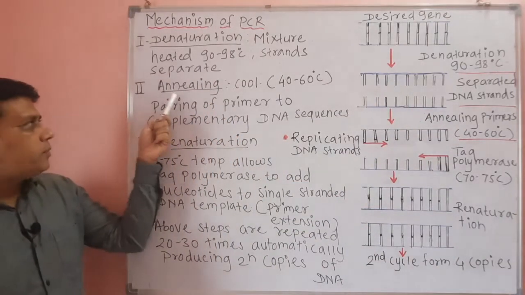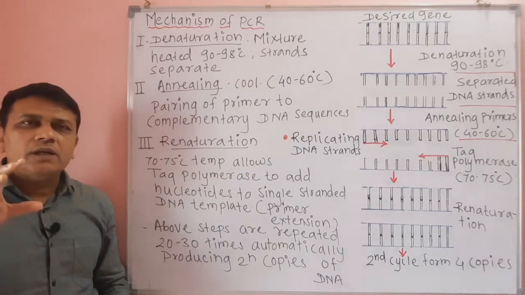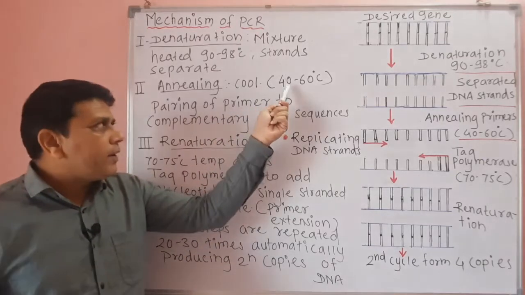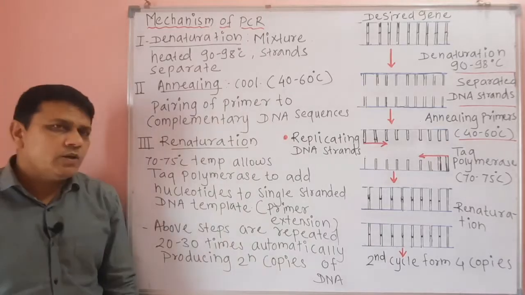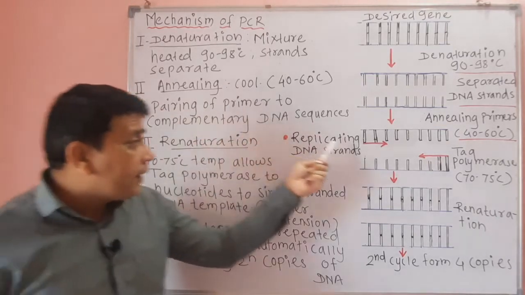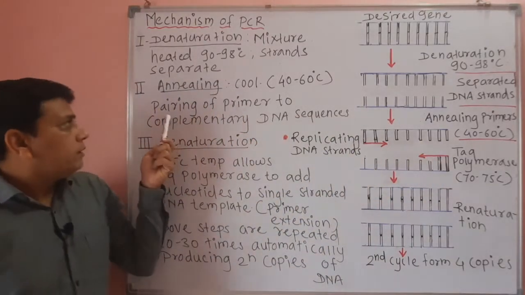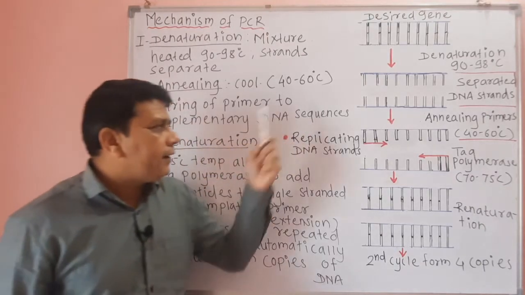Then the next step is called as annealing. Annealing means the mixture is allowed to cool and temperature is maintained about 40 to 60 degrees Celsius. So when the temperature is lowered, the DNA primer get paired to the complementary DNA sequences.